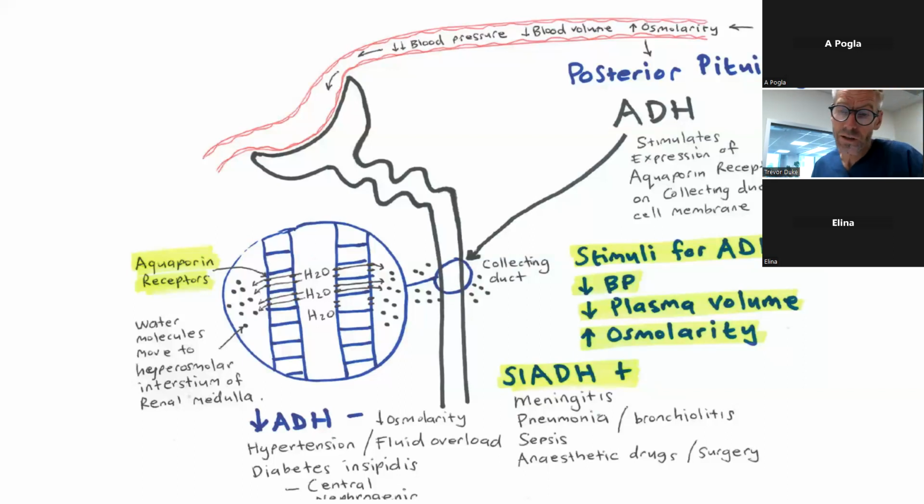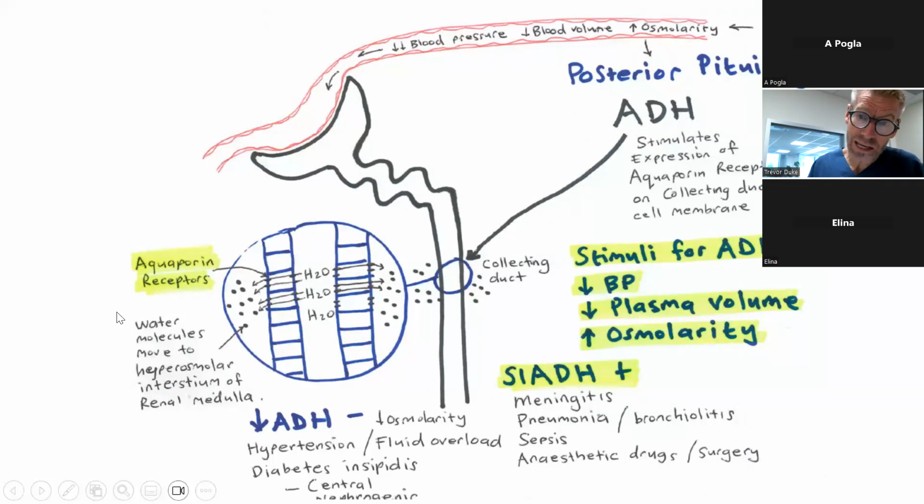ADH acts on the collecting duct of the renal tubules and stimulates aquaporin receptors, and that enables water to flow from the collecting duct back into the interstitial space.